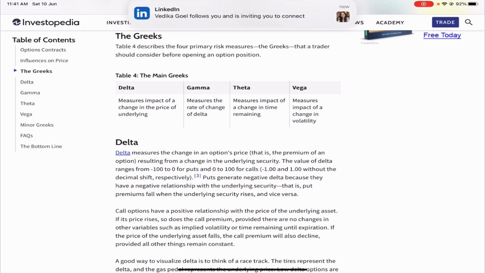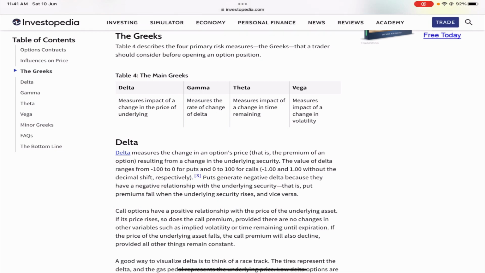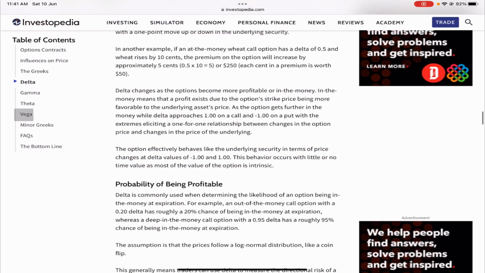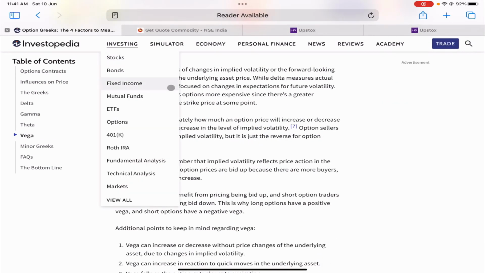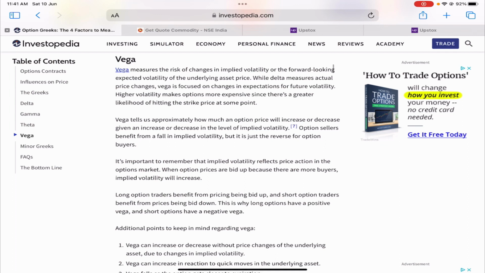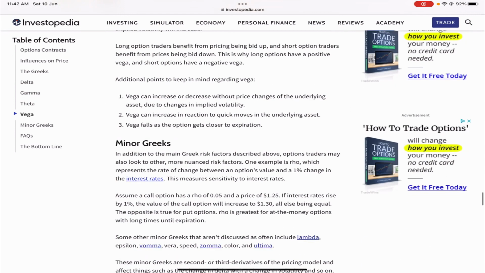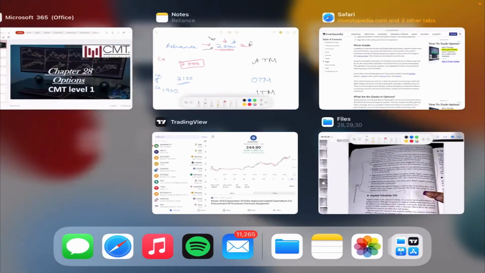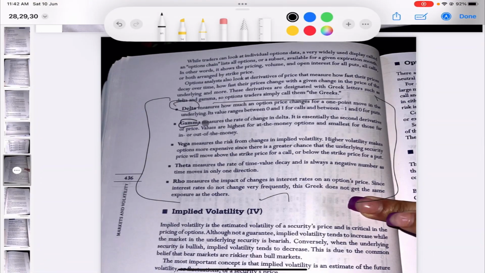Vega measures the impact of change in volatility, the risk of changes in implied volatility, so expected volatility. While delta measures actual price changes, vega is focused on changes in expected future volatility. Higher volatility makes options more expensive since there's a greater likelihood of hitting the strike price. So these are my 4 important option Greeks.